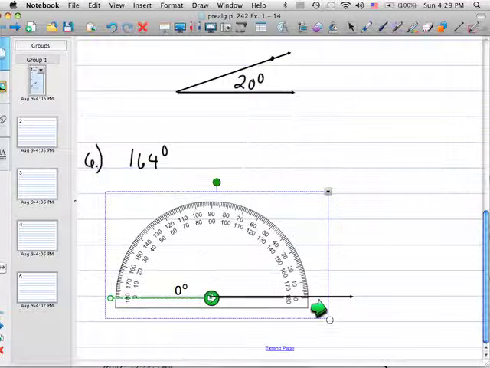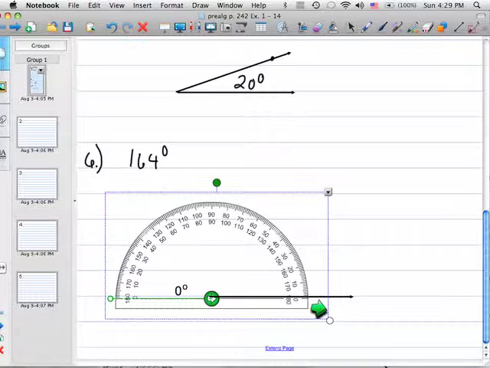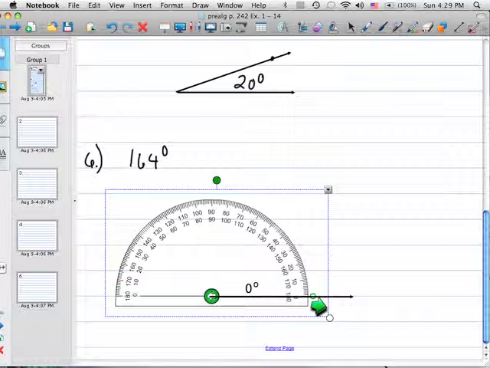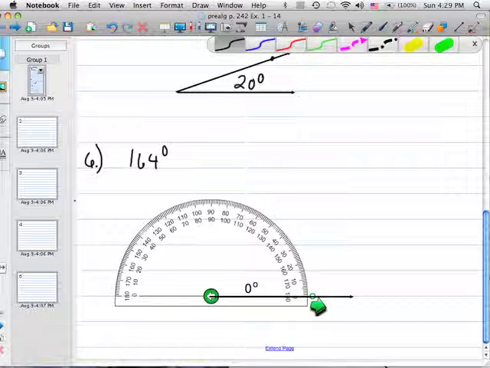Line up the center on the vertex of the ray, and we want 164 degrees. So starting, since I have 0 degrees here, reading the top numbers, here's 160, 1, 2, 3, 4. I put my point about here.